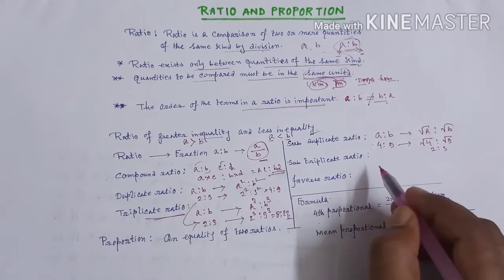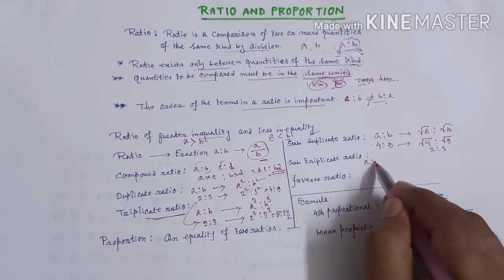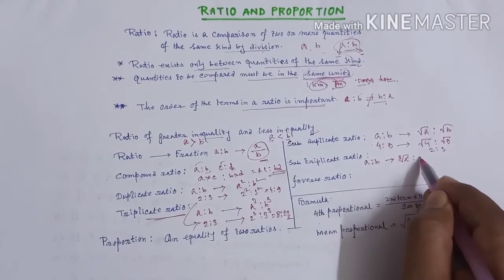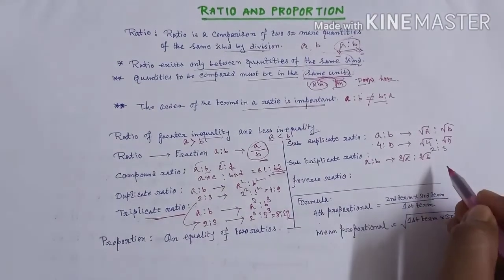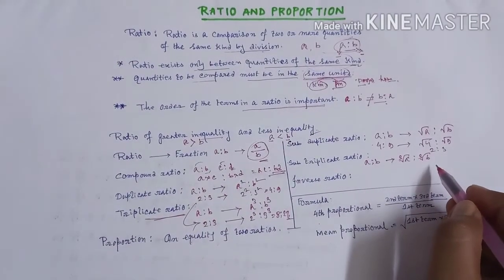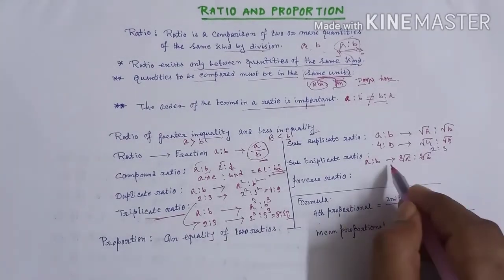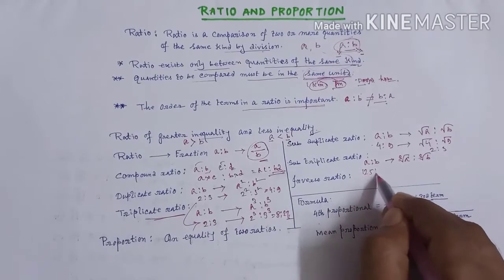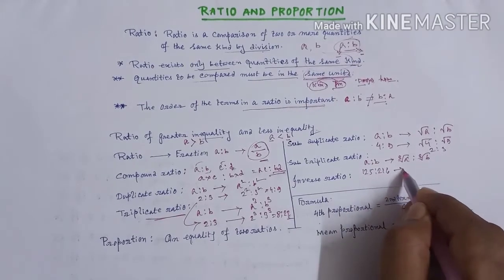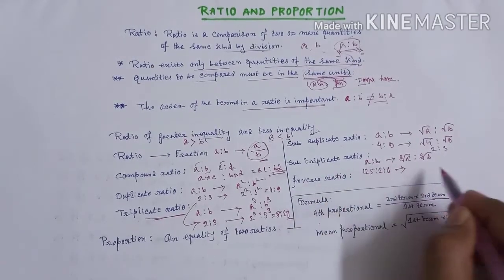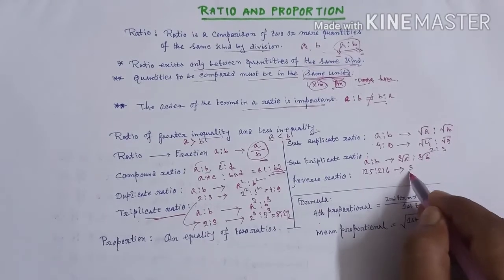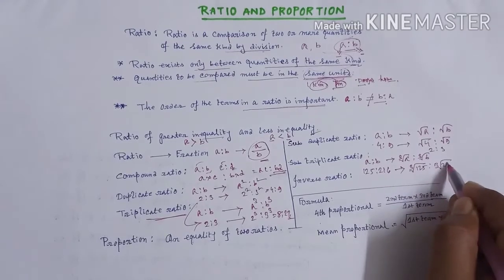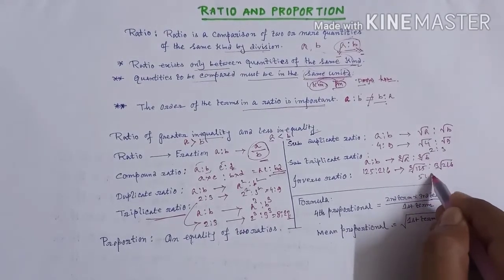Then the subtriplicate ratio: if A is to B is a ratio, then cube root of A is to cube root of B is the subtriplicate ratio. For example, suppose 125 is to 216 is a ratio, its subtriplicate ratio is cube root of 125 is to cube root of 216, that means 5 is to 6.